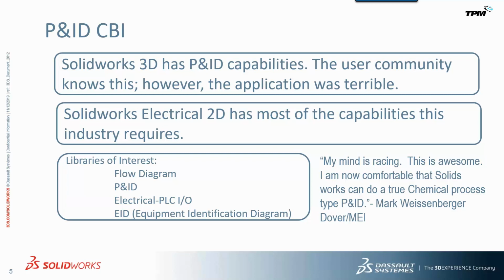SOLIDWORKS Electrical 2D has most of the capabilities that we require for this environment. So I always tell people, whether I'm routing or documenting a wire or a conduit or a harness or a PVC pipe, it doesn't matter. At the end of the day, it's all represented as a line. And then in 3D, we take that line and turn it into whatever we want.